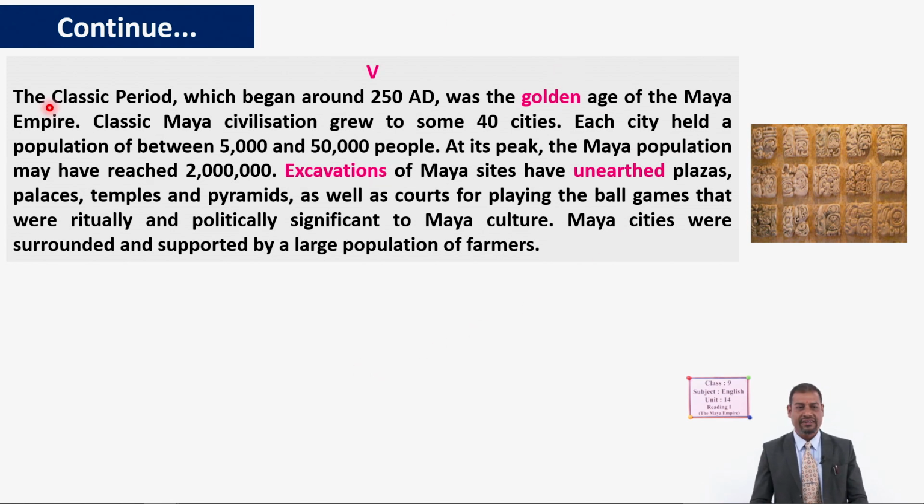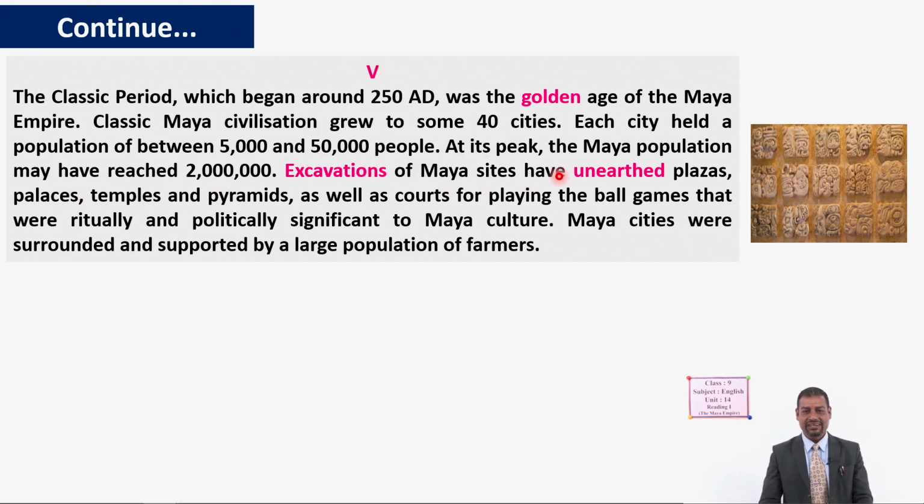Now I want to take you to another paragraph again. That is the 5th paragraph of this text, the Maya Empire. So let's start reading then. The classic period, which began around 250 AD, was the golden age of the Maya Empire. Classic Maya civilization grew to some 40 cities. Each city held a population of between 5,000 and 50,000 people.